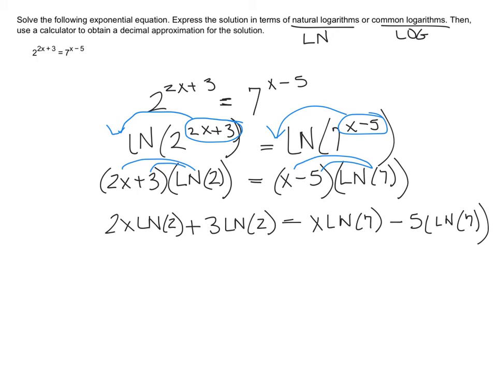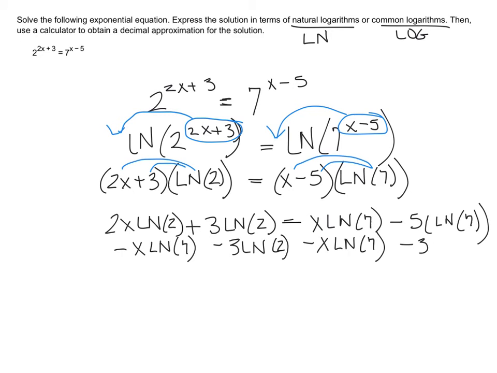Now I want to get all of the x values on the left side and all of the other numbers on the right side. So I'm going to subtract the x ln 7 on both sides, and I'm also going to subtract the 3 ln 2 on both sides.